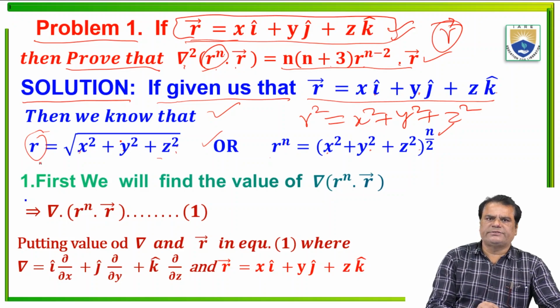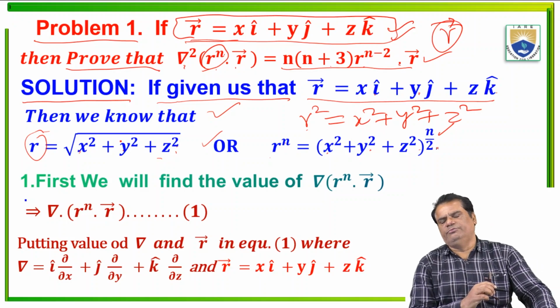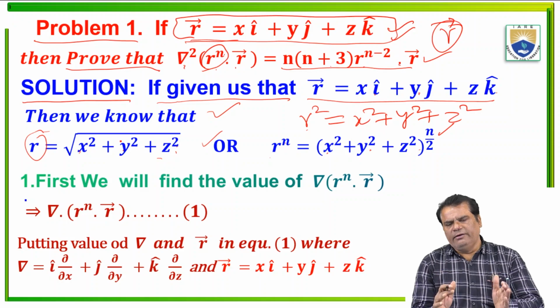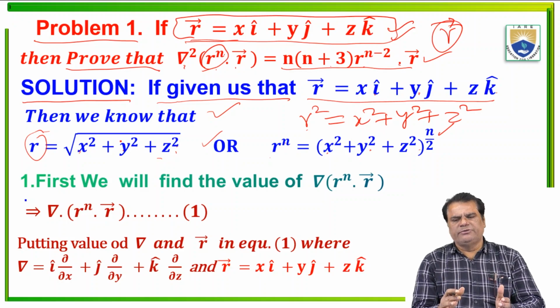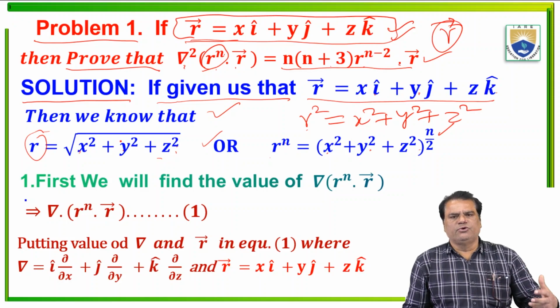Squaring both sides, we get r square equals x square plus y square plus z square, and r to the power n is x square plus y square plus z square to the power n by 2. We apply all these properties in the question to find the solution.